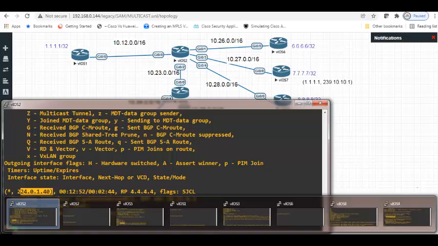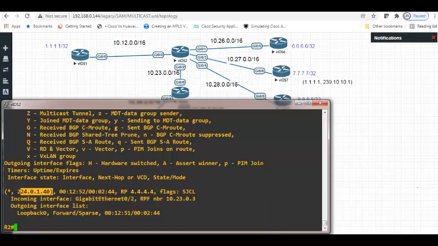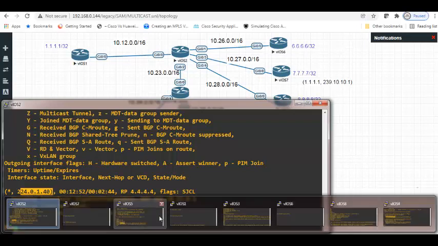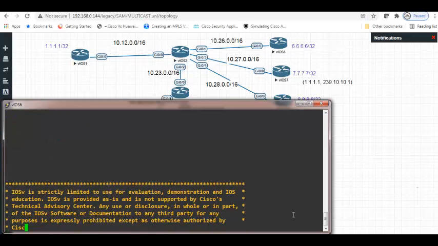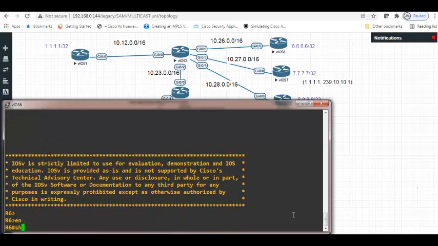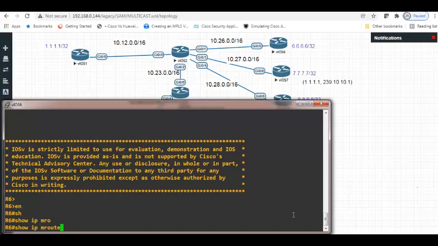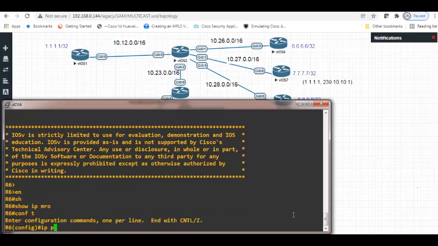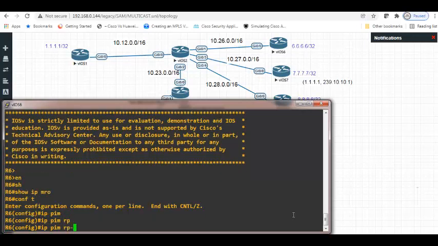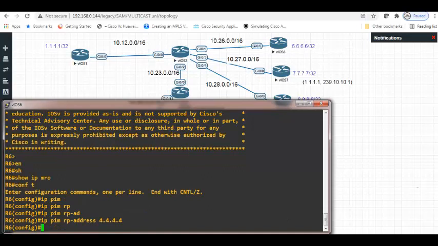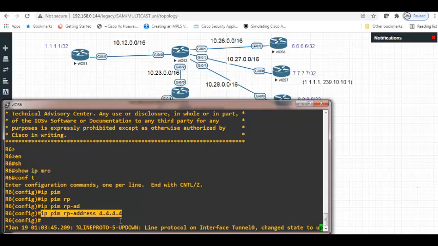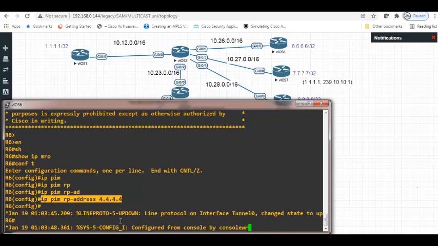When I go to R6, which is not a member of the group, I'm just putting on R6 this command, IP PIM RP address. That will not make any big impact because R6 has got no group member.